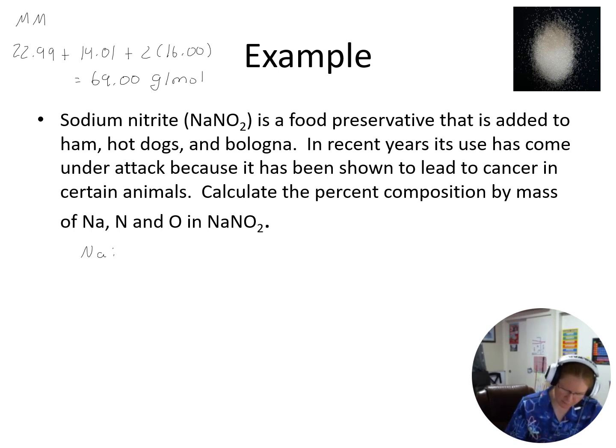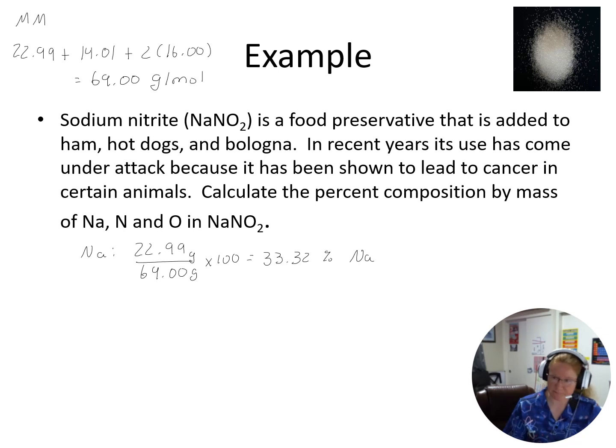Okay, so let's look at our mass percents. For sodium, we only have one sodium. So 1 mole of sodium is our 22.99 grams over our 69.00 times 100. And so we get 33.32% sodium.